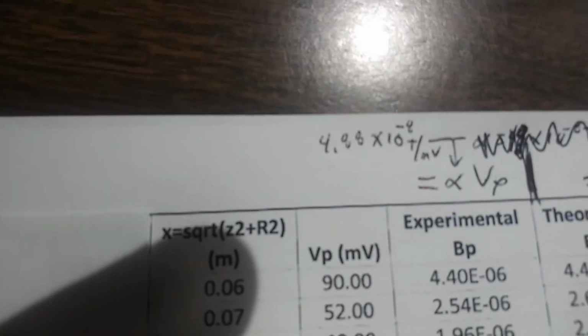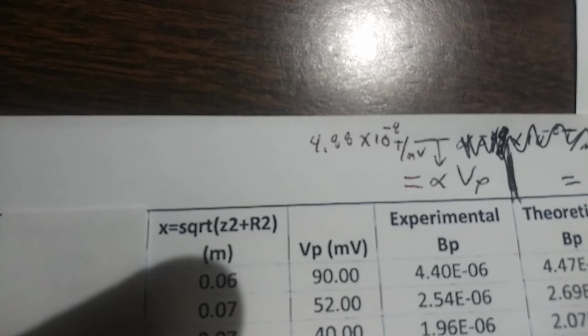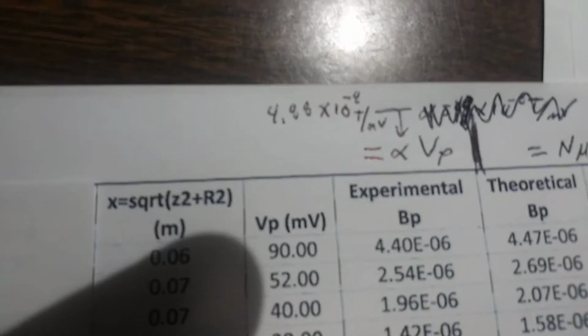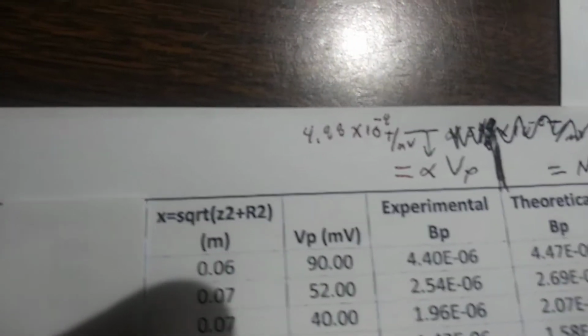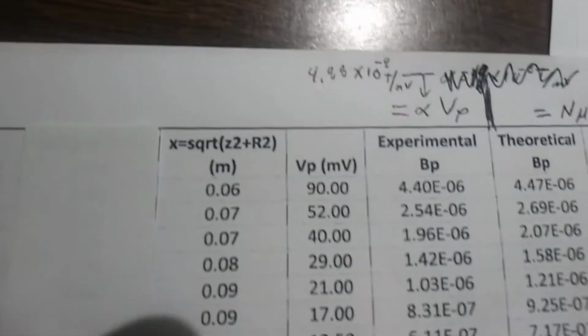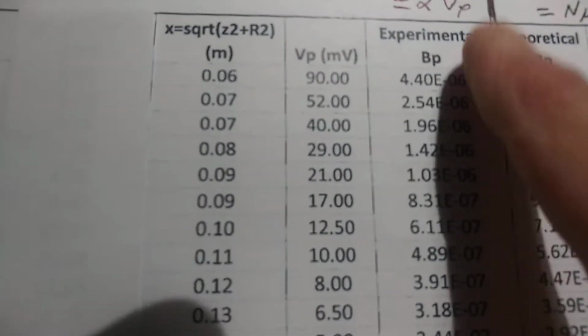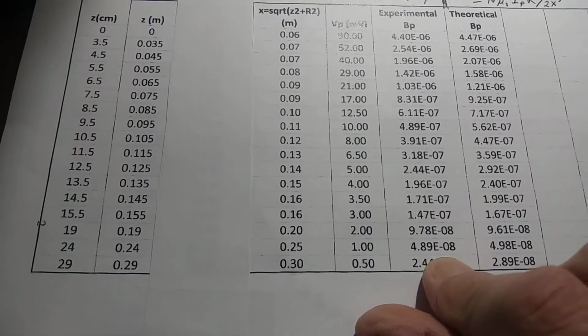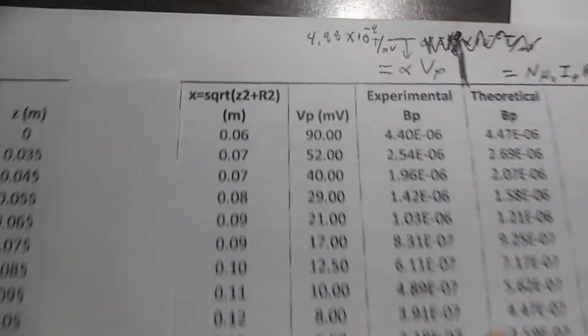This is a set of data that I took some time ago, and my conversion factor was 4.88 times 10 to the minus 8 Tesla per millivolt. You'll get some other conversion factor that we did earlier today. So now you're going to calculate the magnetic field as a function of distance, using just the formulas in your Excel spreadsheet.